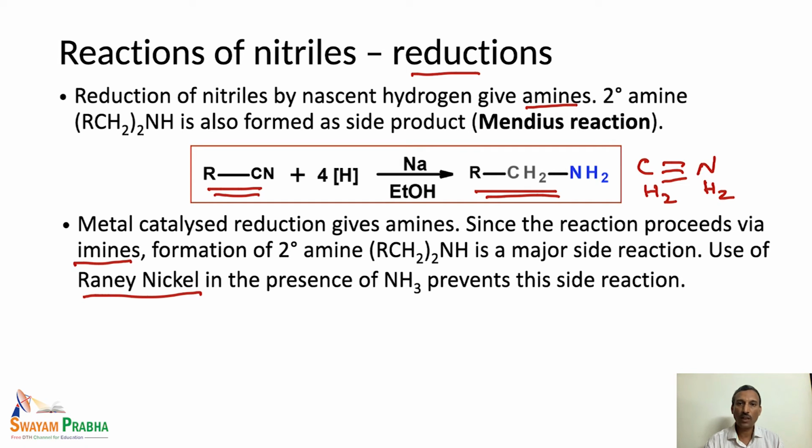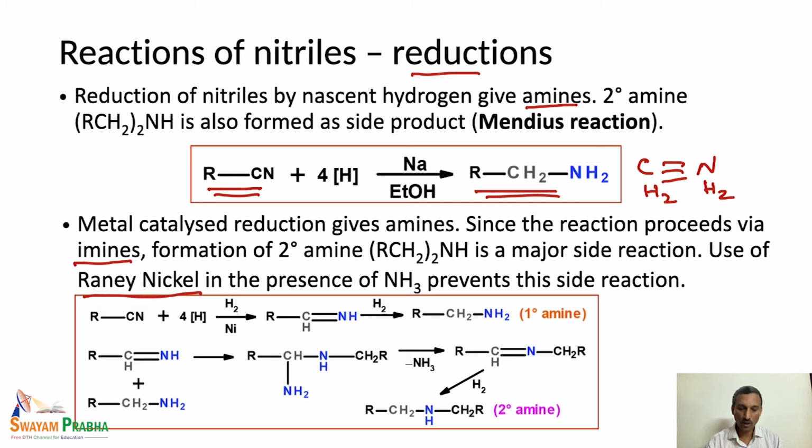The use of Raney nickel, however, avoids the formation of the secondary amine, which is a side product in this reaction. So if you look at the direct reaction, the formation of primary amine, nitriles in the presence of hydrogen with Raney nickel actually give the imine as the intermediate, and this imine can be reduced further to produce the primary amine as a final product.